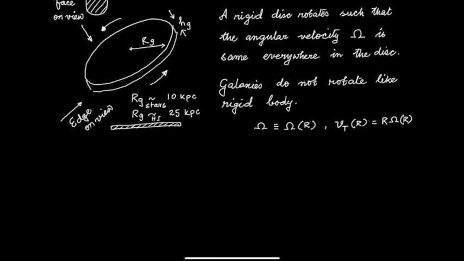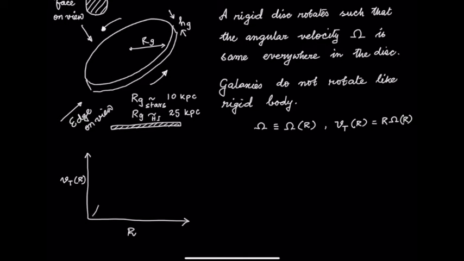I can measure that as a function of radius, and plot it. This is how it is known that omega is different at different radius, because Vt is what we can measure, but we can infer omega out of it.